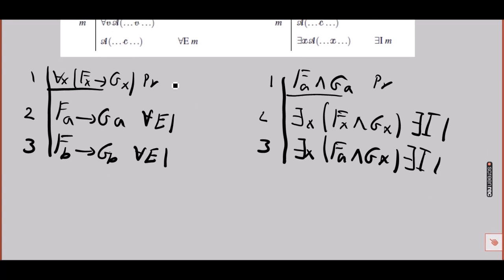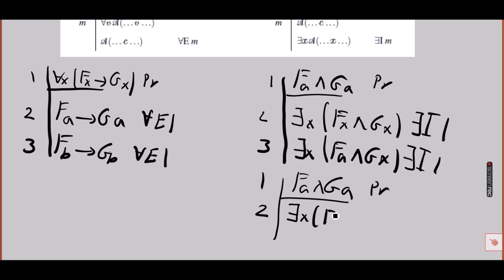The way that you can think about it is this. This is an alternative way of thinking about existential intro. Let's say that you have Fa and Ga. The idea is that you can pick the name a and replace it with x. You can do it with one a, or you can do it with both of them. So for example, if you replace both of them with x and put an existential quantifier up front, you get this: there is some x, Fx and Gx.